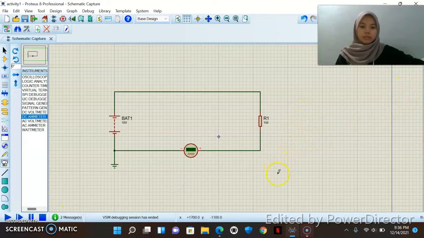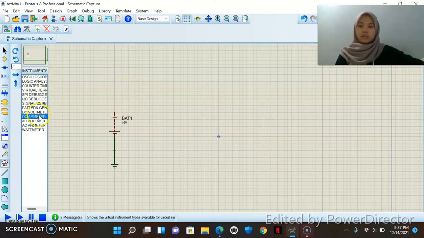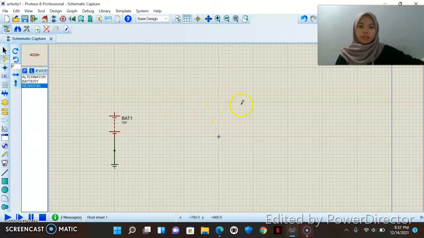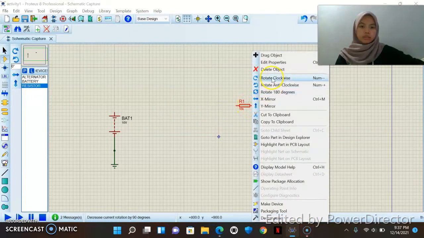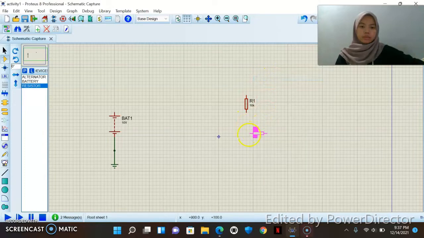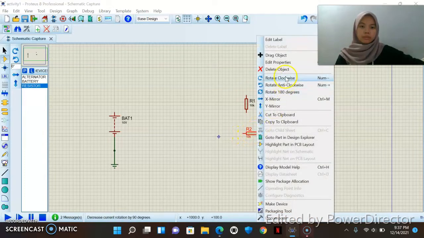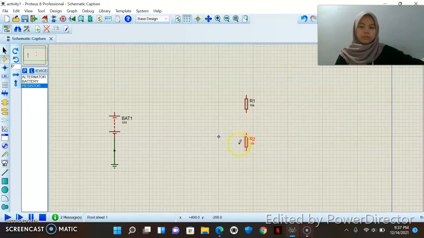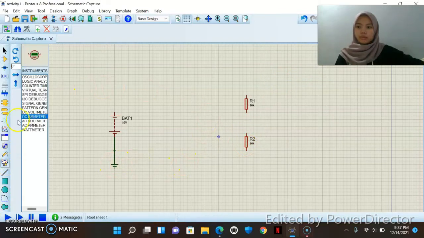So we can move to activity 3. I will delete this part. For activity 3, we need to measure the voltage across every load. So 2 resistors are needed, and also 2 DC voltmeters to measure the DC voltage.